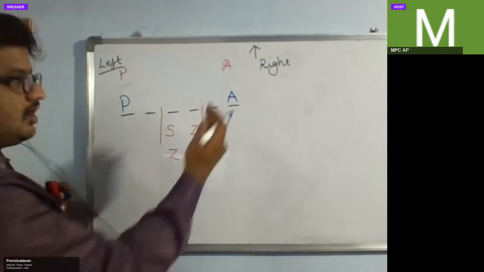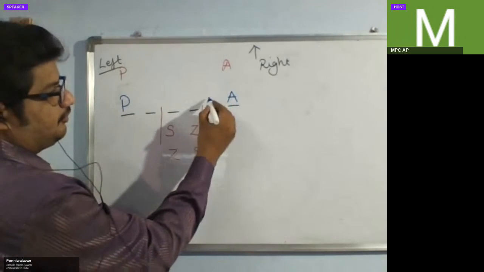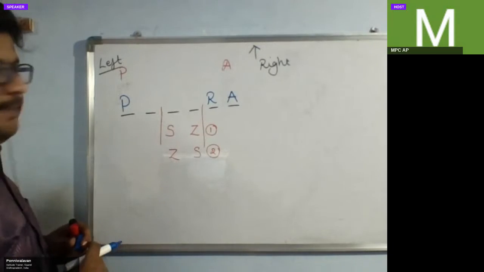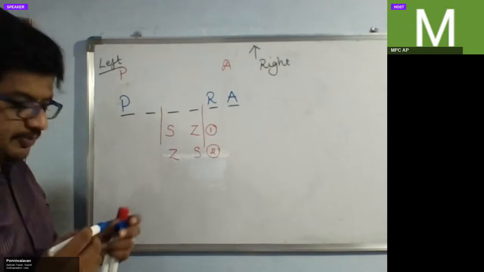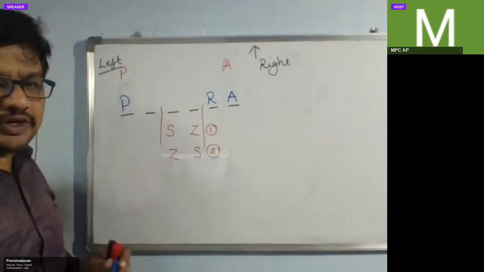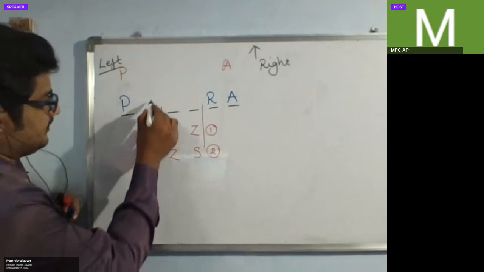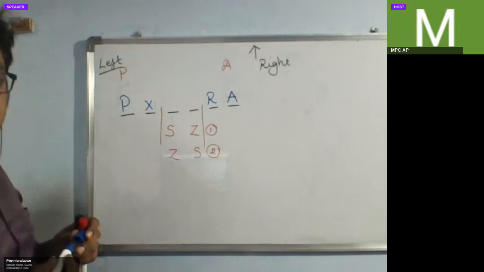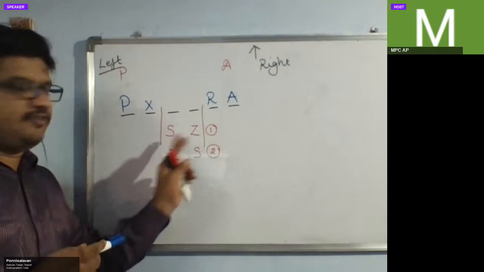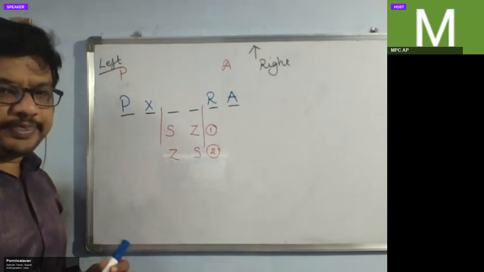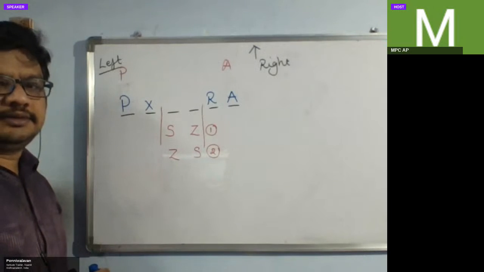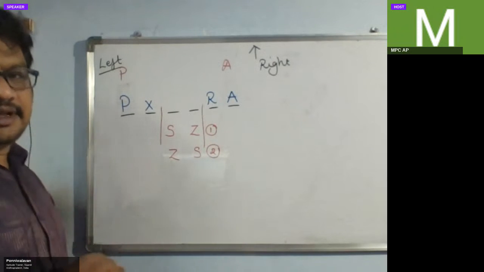R is immediate left of A, so here it is R. And who is the only one more person left? X. Now, can you tell me, do we finalize with 1 or 2? How is it 1?